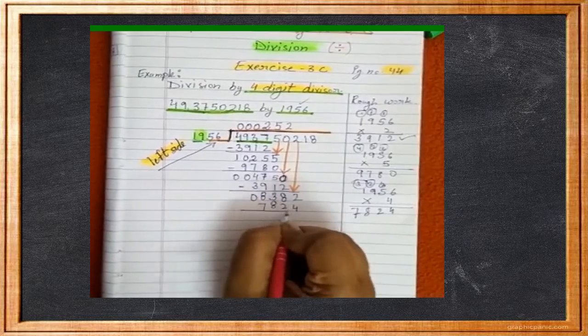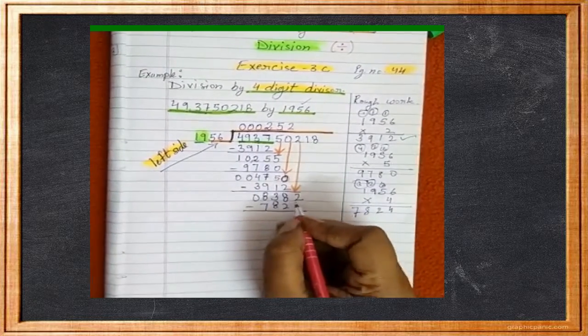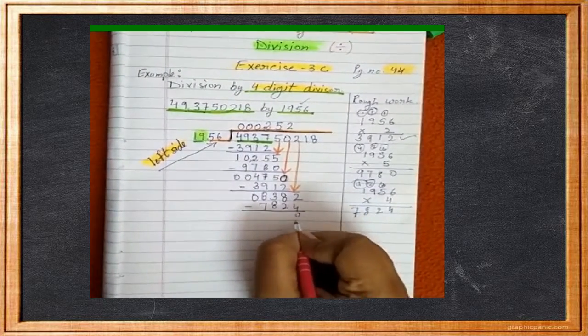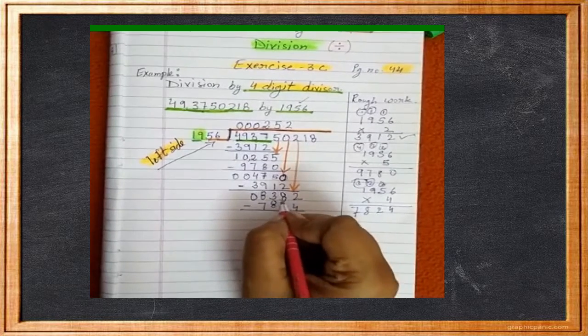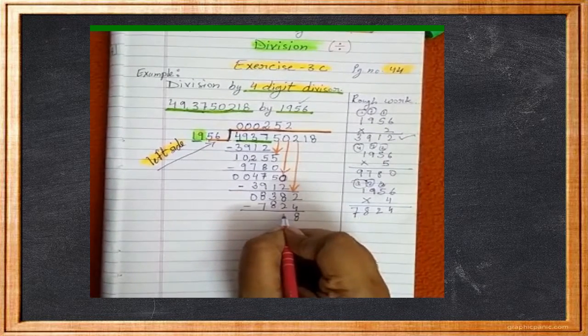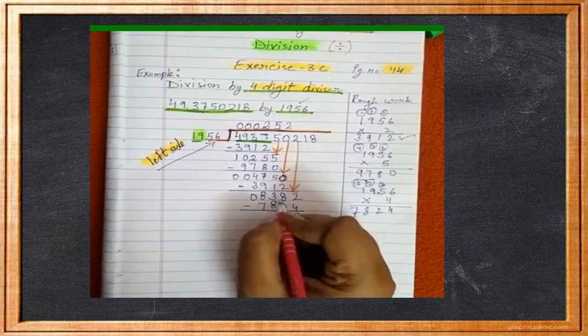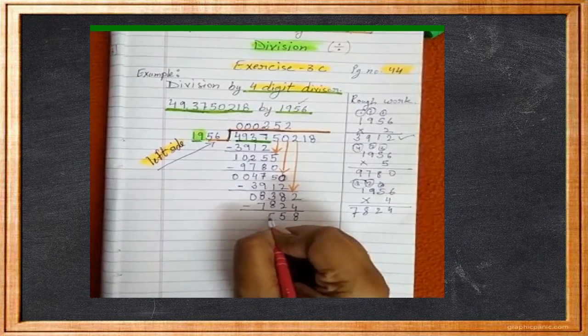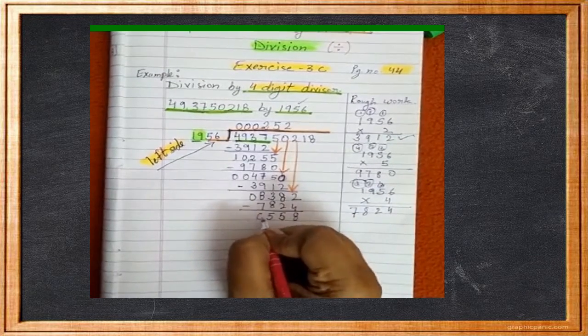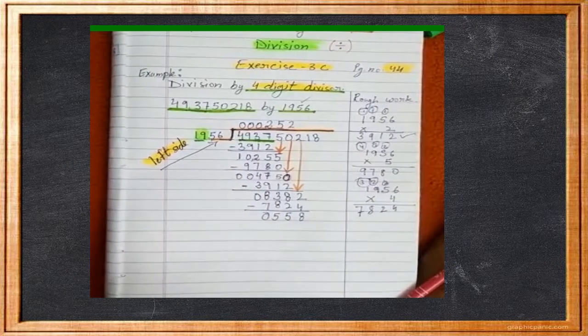Now write it here. 7,824. Yes, children. Subtraction sign. Subtract. 12 minus 4, 8. Yes. 7 minus 2, 5. 13 minus 8, again 5. 7 minus 7, 0. So what is your remainder here? Your remainder is 558.